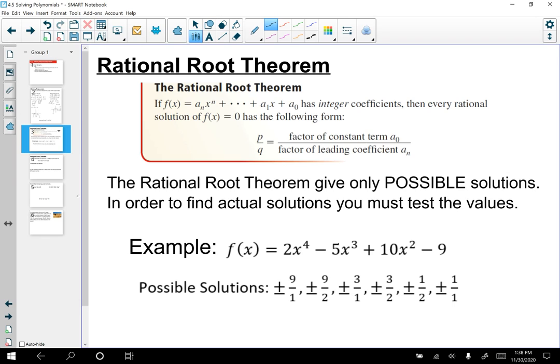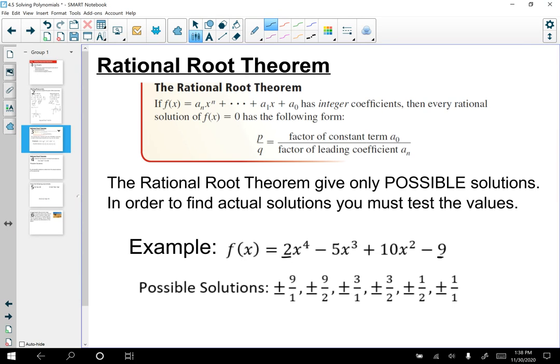So if we take a look at what that means, if we're given a polynomial, the possible solutions are the factors of the constant term over the factors of the leading coefficient. First and foremost, we have to make sure our polynomial is written in standard form, as this is.